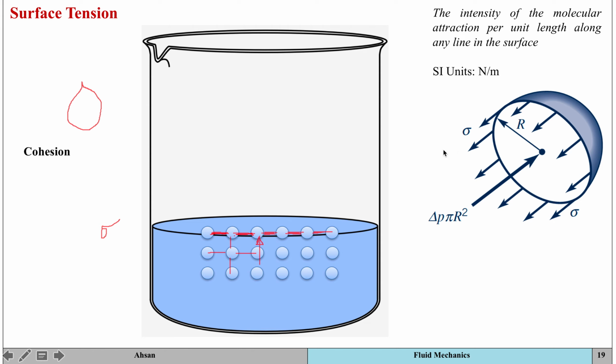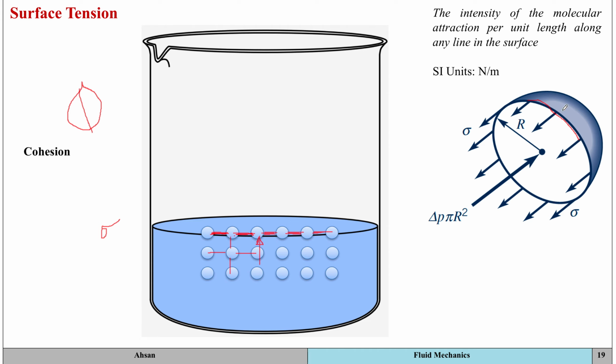And how is that? If you were looking at this water droplet and you cut it in half, what you will see is that the force that is developed around the edges of this water droplet is because of surface tension.